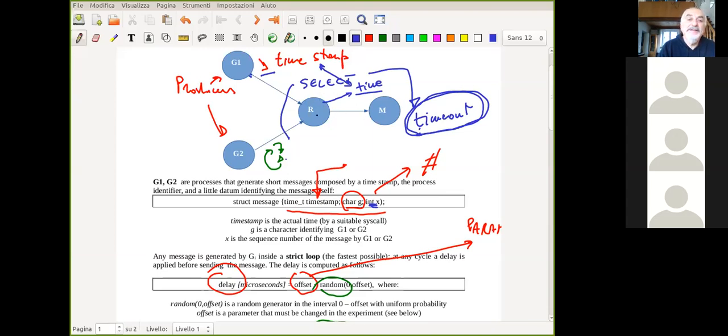And don't forget, as we have written in the slides, to have a random choice between the two pipes.